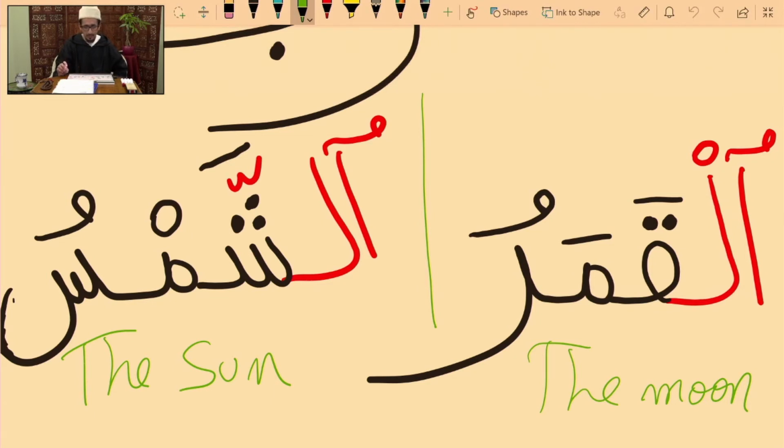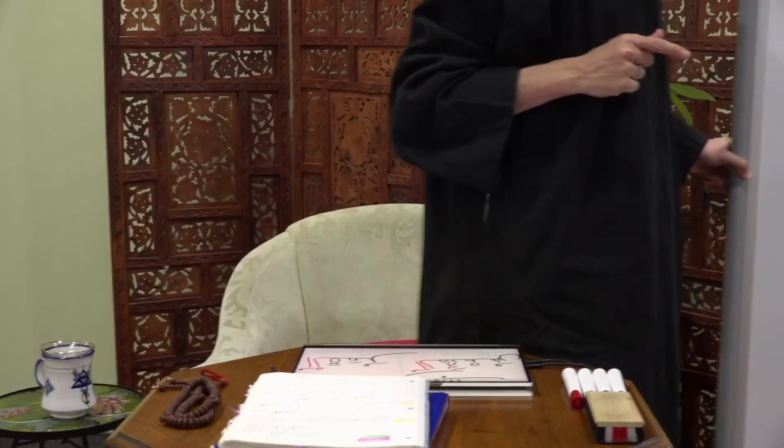So we'll give you some vocabulary, nouns with each letter. And for this one, I'm going to use this board, it will be easier for me. Bismillah. You're going to give me the letters of the alphabet one by one.